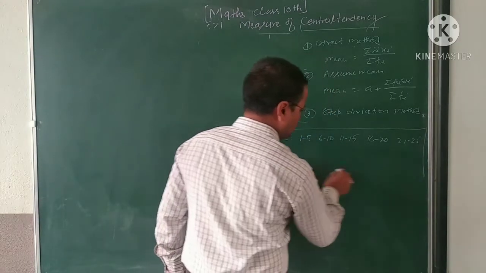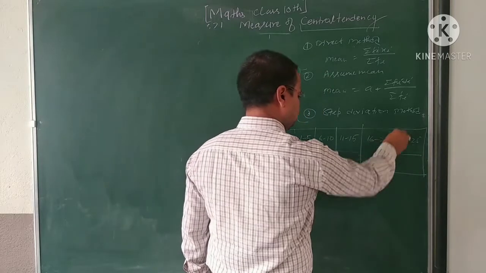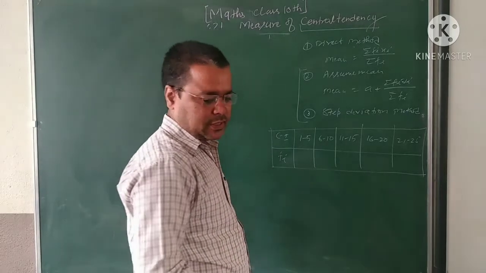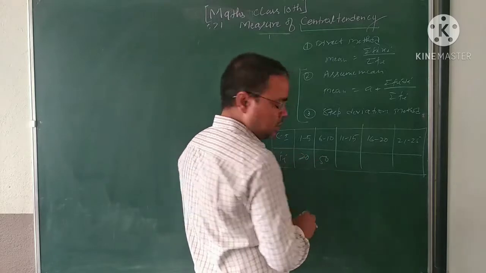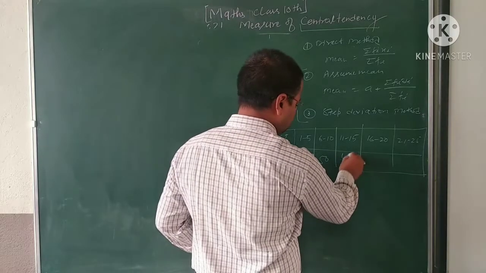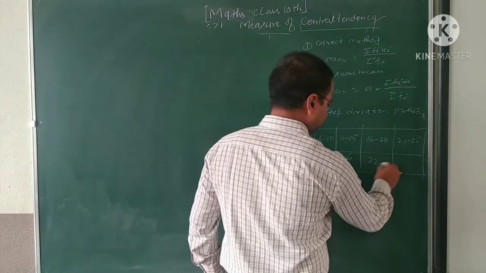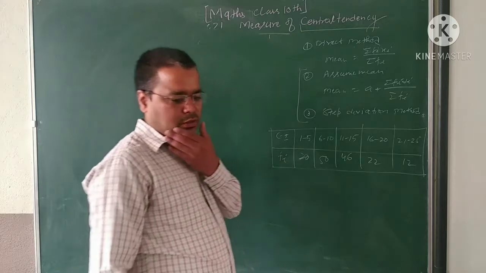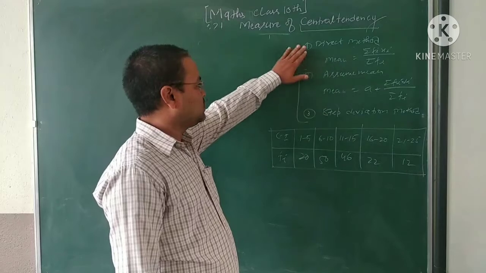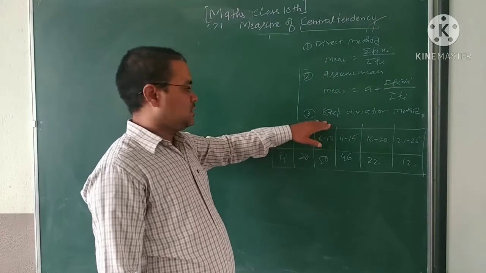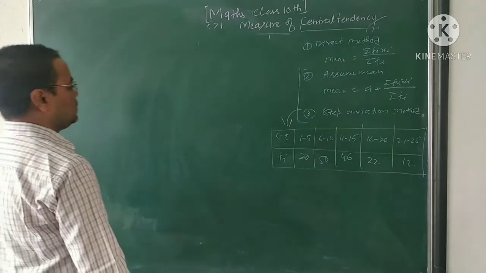Its corresponding frequencies are 20, 50, 46, 22, and then 12. Okay? And the question is, solve it. This question we can also solve using the direct method and the step deviation method. But first of all we discuss the step deviation method.